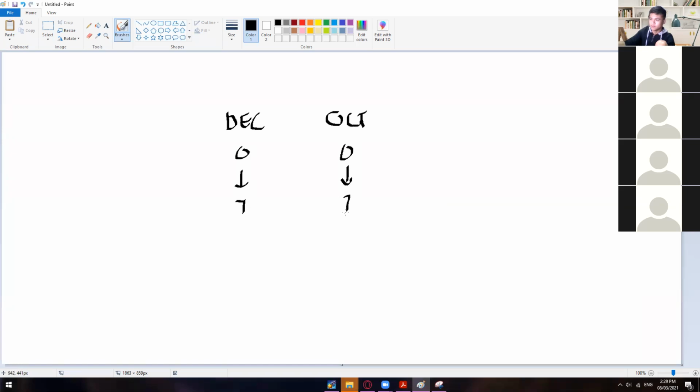However, once we reach 8, 9, and 10, let's say 8, 9, 10 for now, the next ones for the octal are already 10, 11, and then 12. So as you guys can see, plus 2, and then plus 2. This one is until 17.